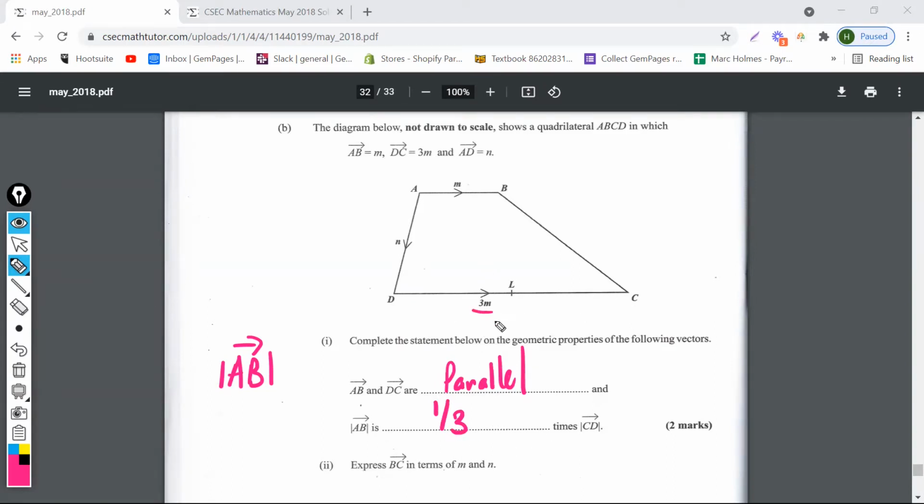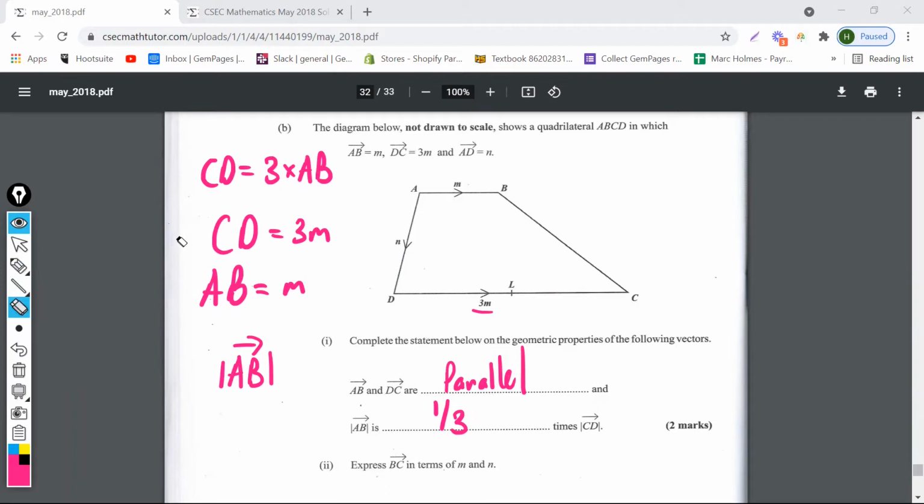CD is a long one, 3M. CD is equal to 3M. So AB is equal to M. So clearly CD is equal to 3 times AB, right? So hold on, is it 1/3? 1/3 times CD. Okay, cool. Yeah.